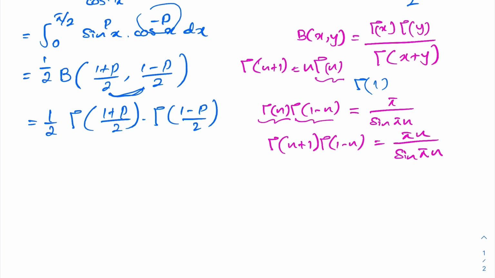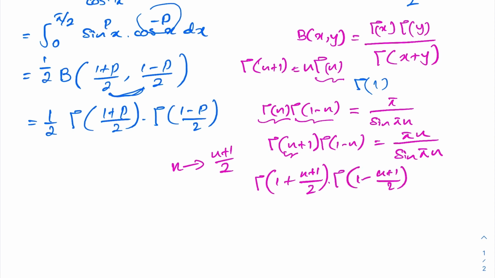if we apply this with n replaced by n plus 1 over 2, we have gamma of 1 plus n plus 1 over 2 times gamma of 1 minus n plus 1 over 2 is equal to pi times n plus 1 over 2 over sine of pi times n plus 1 over 2.